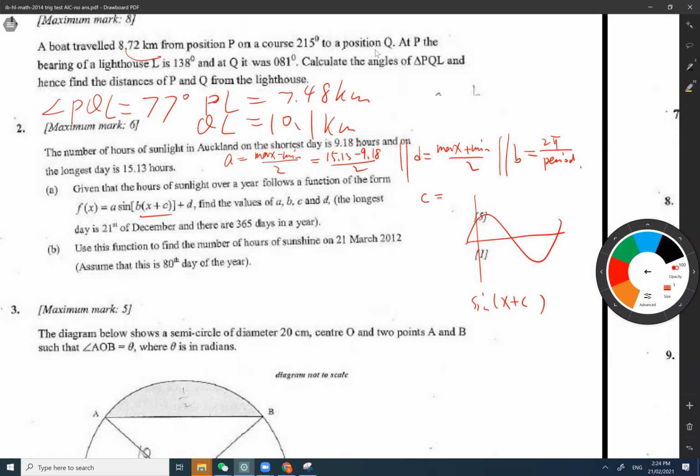For example, if here is 2, here will be -2. Move to the left by c. So we just need to check what's this value here. What's here?